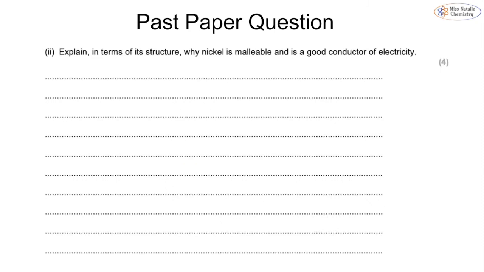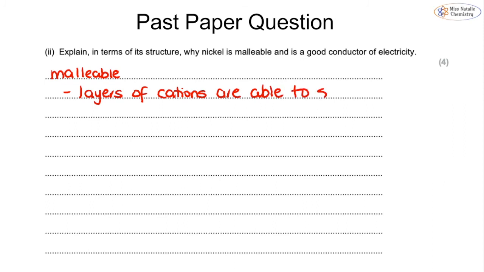And then for 4 marks, explain in terms of its structure why nickel is malleable and why it is a good conductor of electricity. So we've got 4 marks, 2 separate parts of the question, so we're going to get 2 marks for each. If we start off with why it is malleable, this is because we have layers of cations that are able to slide over one another or slide over each other when a force is applied.